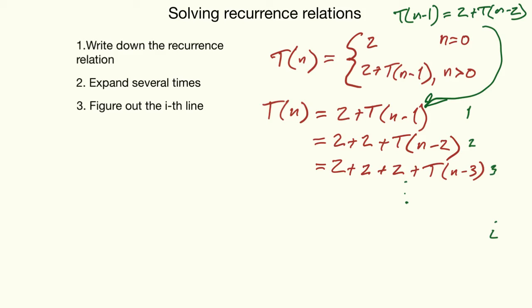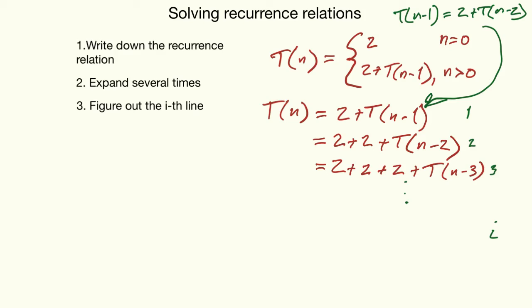This is really the key to figuring out a recurrence relation: noticing what this pattern is going to be. We always have some sort of T of n minus something on the right, and then some 2's added together. How many 2's? On the first line it was one 2. On the second line, it was two 2's. On the third line, it is three 2's.